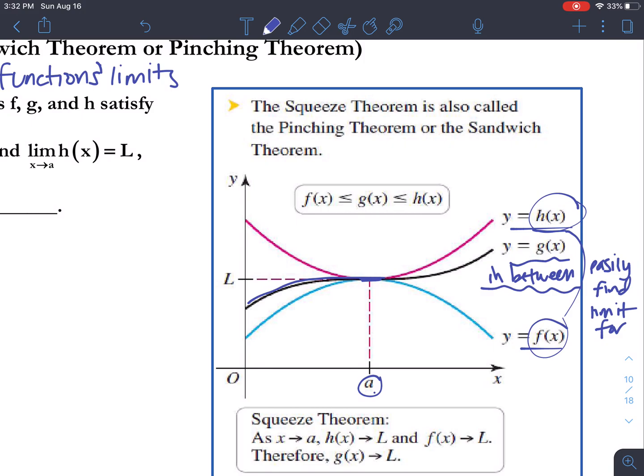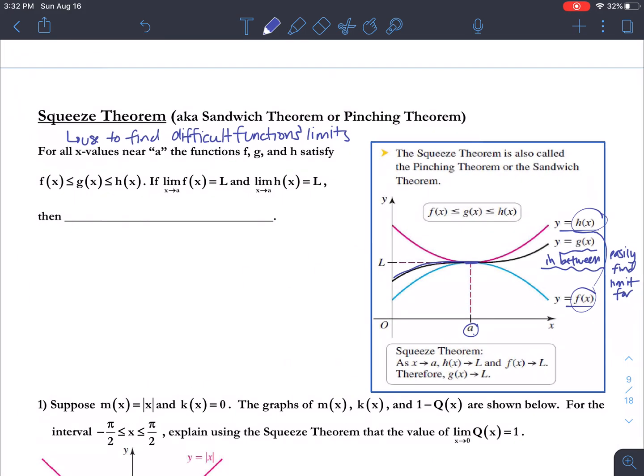So if for all x values near a, let's say this whole area, I know that g of x is between f of x and h of x, that's what that inequality says.